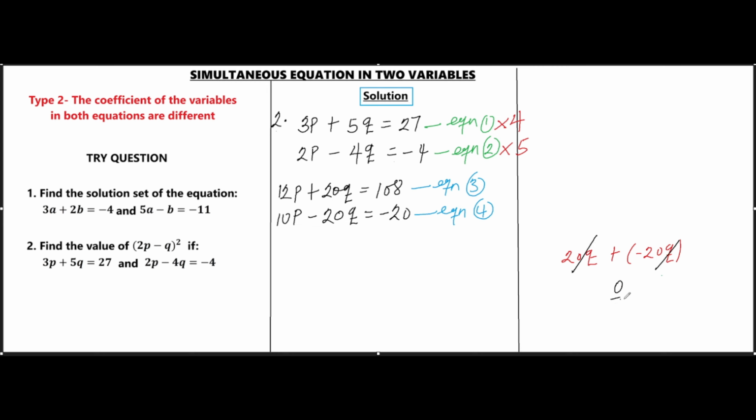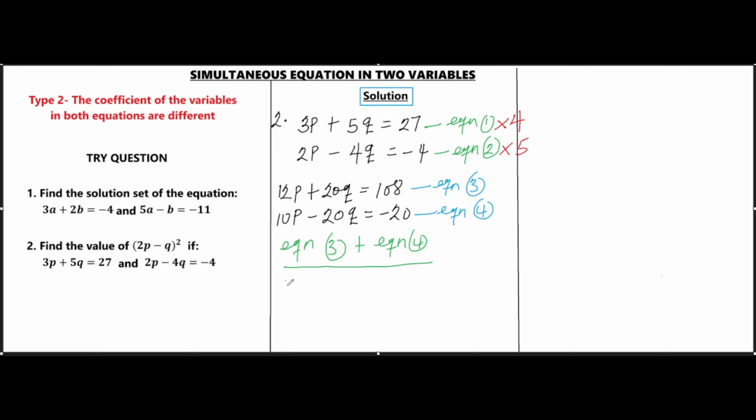They will cancel out, and that will give us 0, which represents the elimination. So we can eliminate by addition. So we need to write our rule. So we can say that equation 3 plus equation 4. So this is our rule.